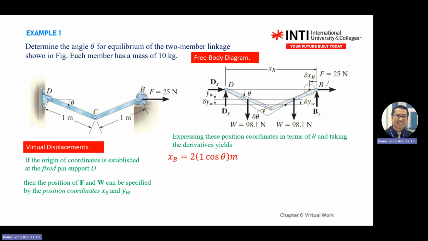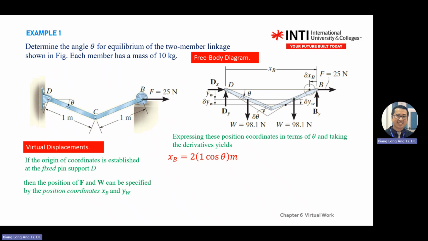Right. Yeah, correct, side divided by 1. So your x prime b is 1 cos theta.